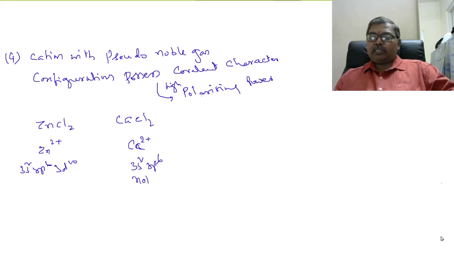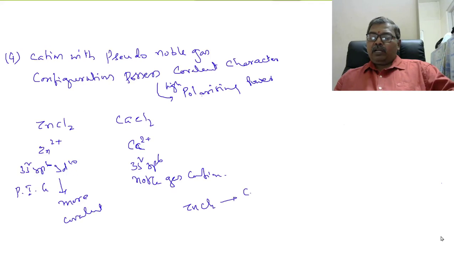Noble gas configuration. This is pseudo inert gas configuration. So therefore, it is more covalent. So therefore, ZnCl2 is covalent, whereas CaCl2 is ionic.